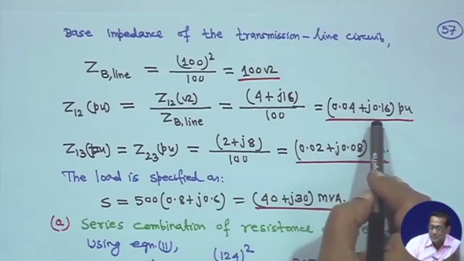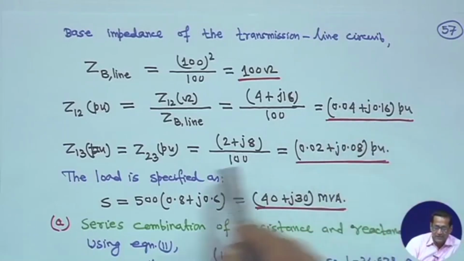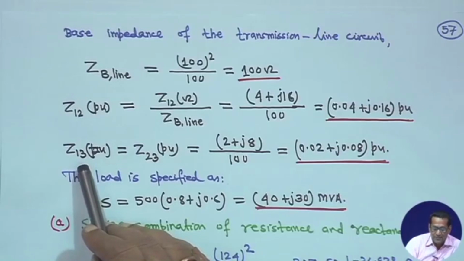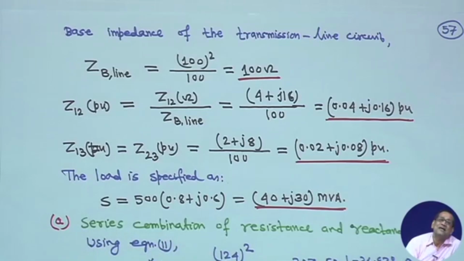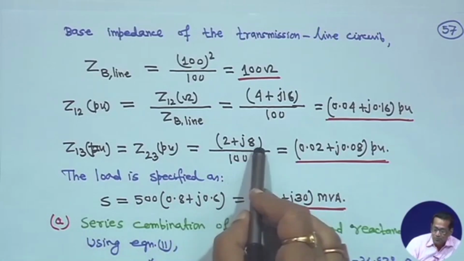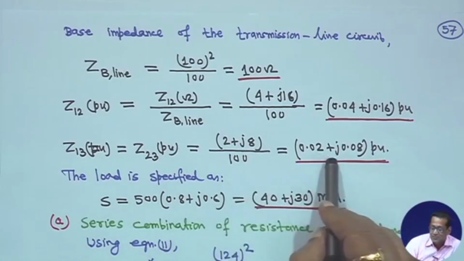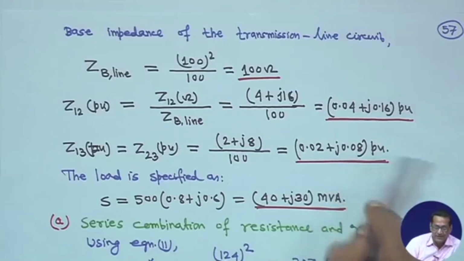So it comes to 0.04 plus j0.16 per unit. And Z13 per unit is equal to Z23 per unit, because both lines have the same impedance, 2 plus j8 upon 100, that is 0.02 plus j0.08 per unit, right.